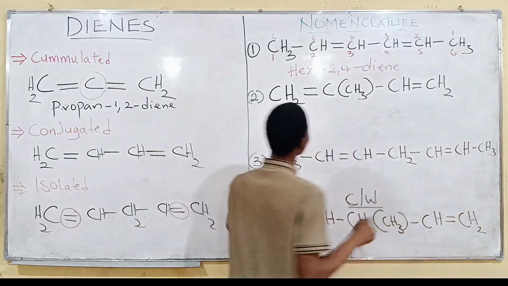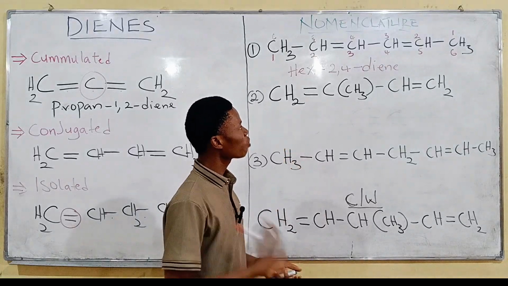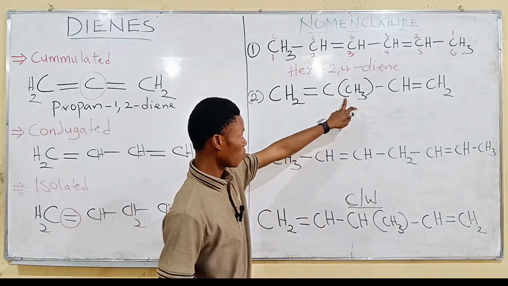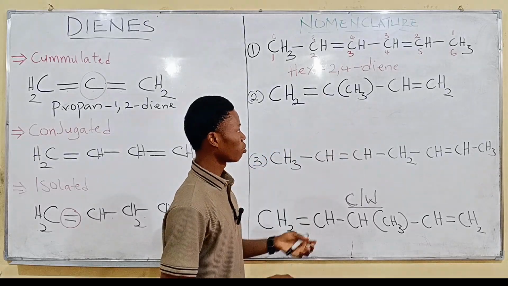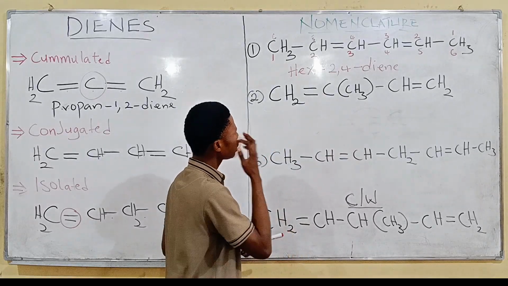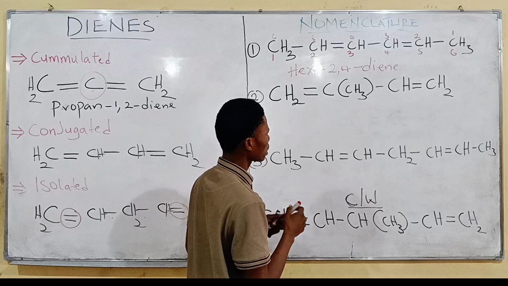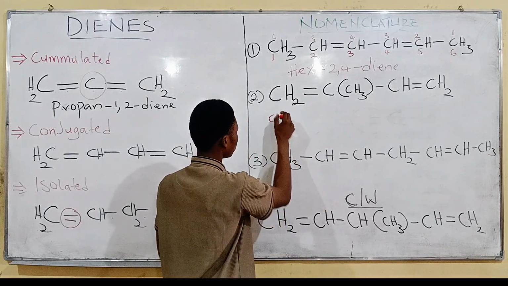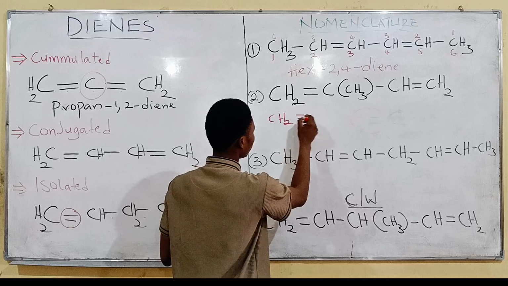All right. Now the next one, this second one, you have to put your eyes down, because some persons here, are you seeing brackets here? Some persons at this point they will give up. Now, anytime you see something like this written in brackets, this thing is same thing as writing it like this. Look at it very well.